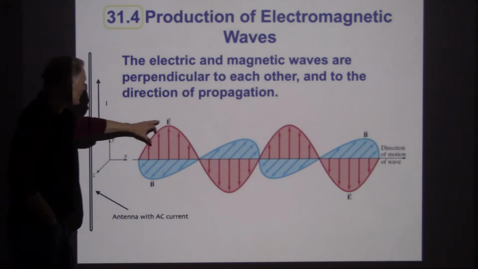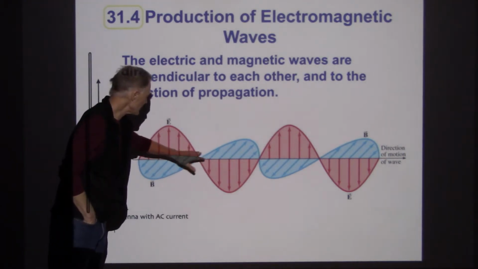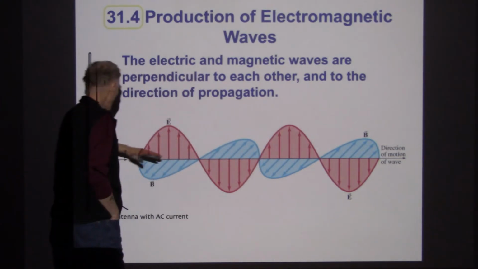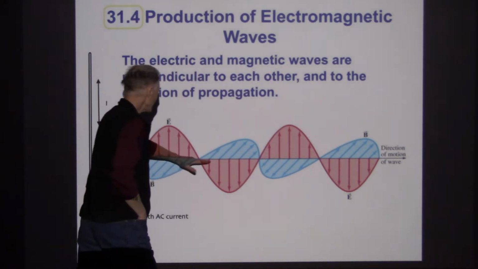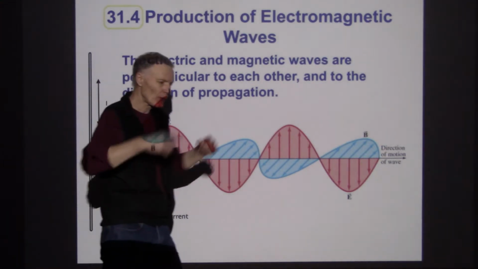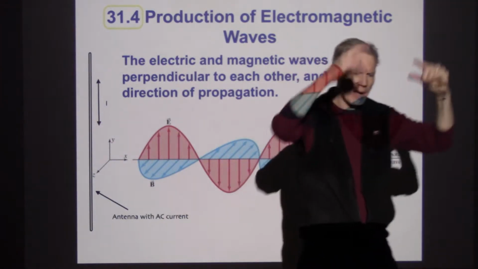Now, the reason that the electric fields have these differing values to them, I guess I better go along here and not follow that wavy path. The reason the electric field has different values for an antenna is because in the antenna we have an AC current. We have electrons being oscillated back and forth.